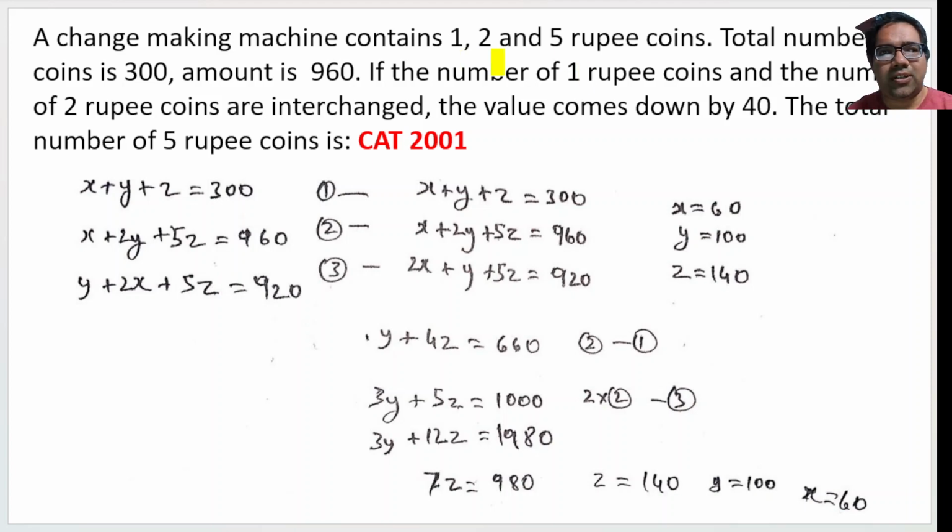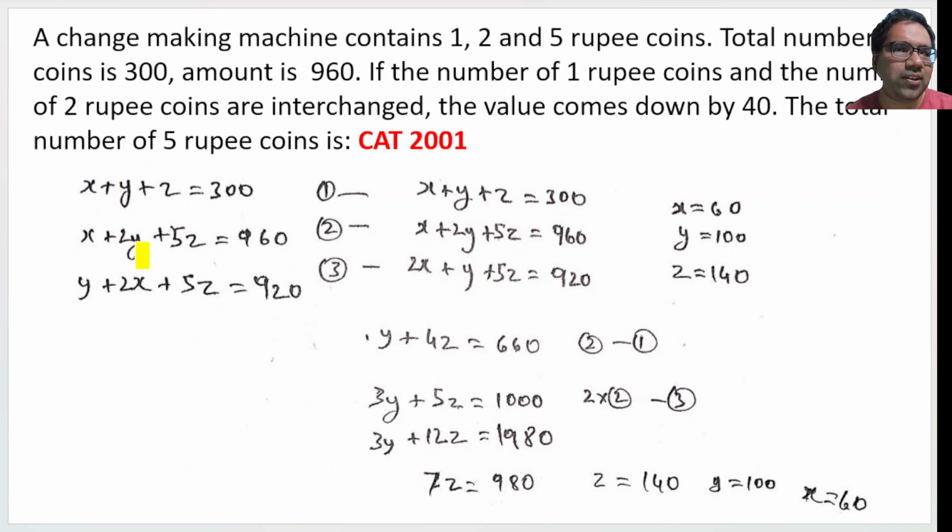Now, 1 rupee coin, 2 rupee coin, and 5 rupee coins. Let's assume there are x of 1 rupee, y of 2 rupees, and z of 5 rupees. So total number of coins 300 means x plus y plus z equals 300. Now, these x coins of 1 rupee, what is their value? x into 1, which is x. Now, y coins of 2 rupees, how much value will they contribute? It is 2y rupees.